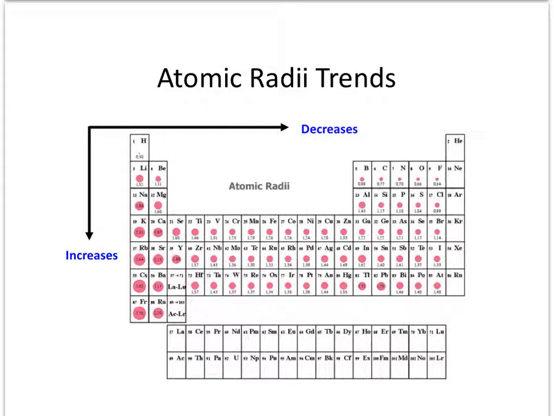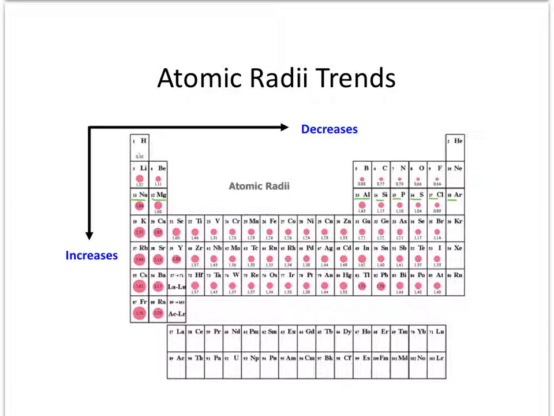So let's do one more quick review. Atomic radius is the size of the atom. As you go across the periodic table, the general trend is that it decreases. Why is that? Because as the atomic number is increasing, which you see in any row, the nucleus is getting stronger, which is positively charged, and it's pulling on the electrons within that same energy level, shrinking the size of the atom.